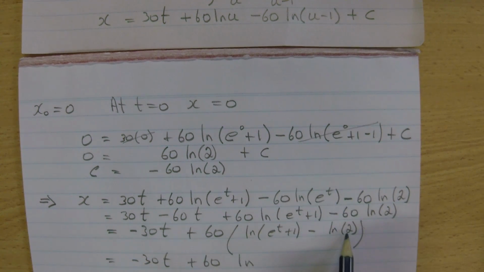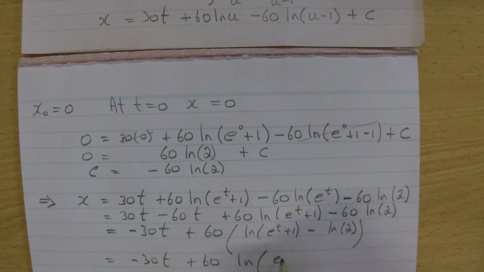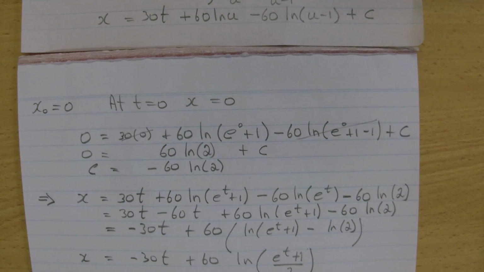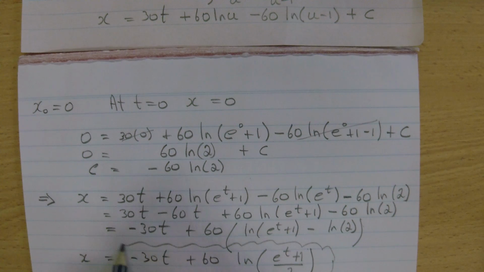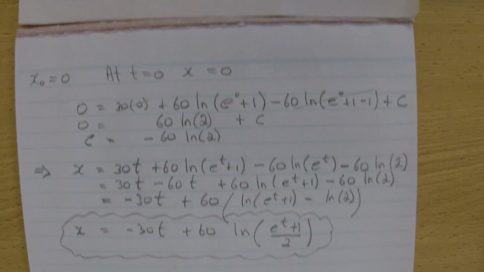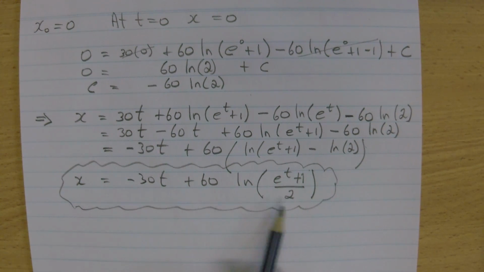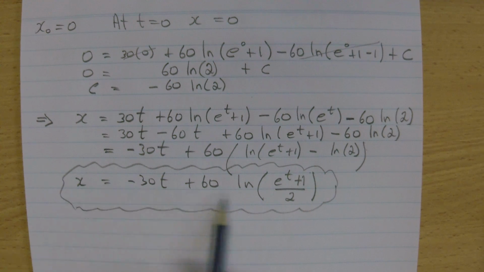Now when we subtract these, I can write that as a single logarithm, ln of e to the t plus 1, all divided by 2. And that, I think, is about as easy simplified as we can get. And this is my final expression for position as a function of time in this question.